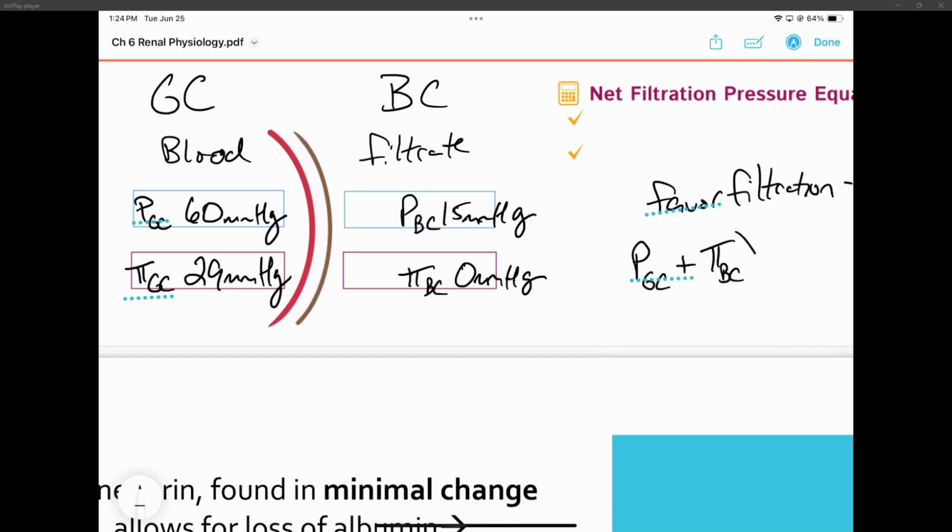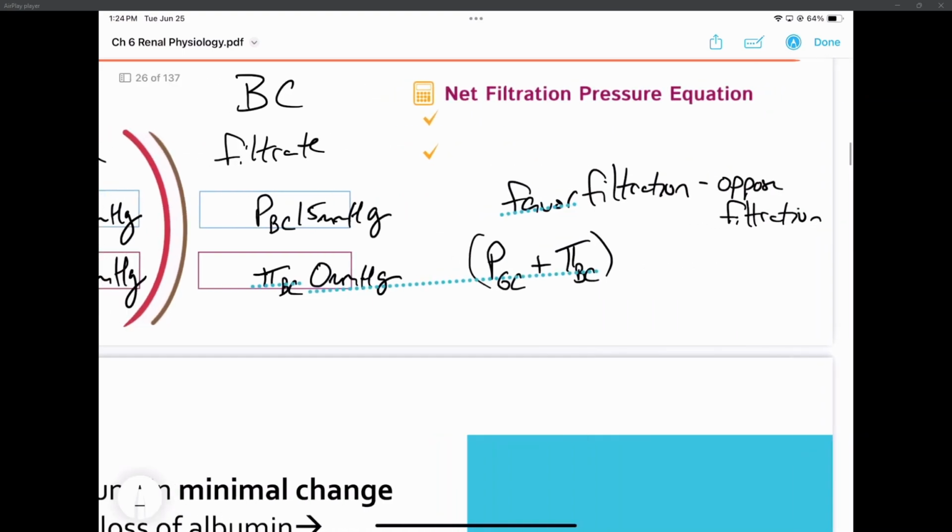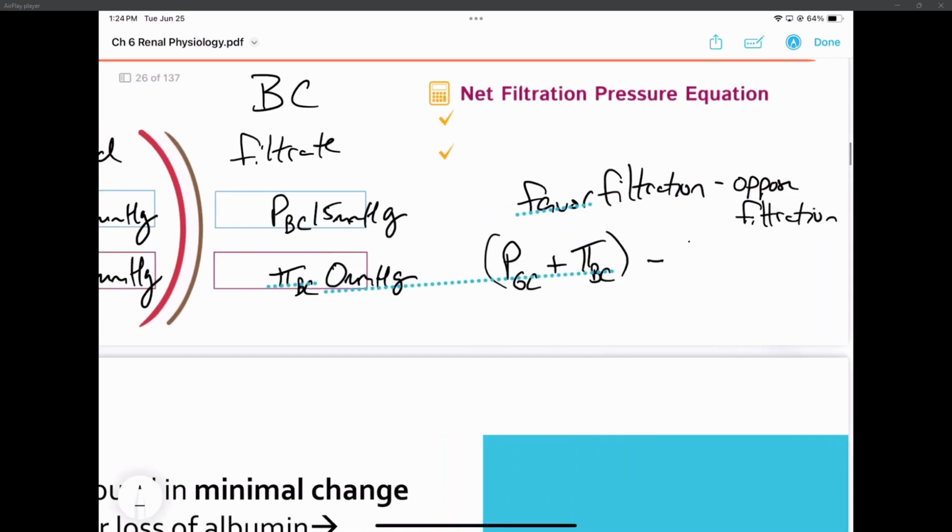Okay, all together. Now, minus the forces that oppose filtration, which are the what? The opposite ones. Pressure of the Bowman's capsule plus pressure of the glomerular capillary. Those are factors that oppose filtration. Does everyone understand how that works, why it works that way? Okay.